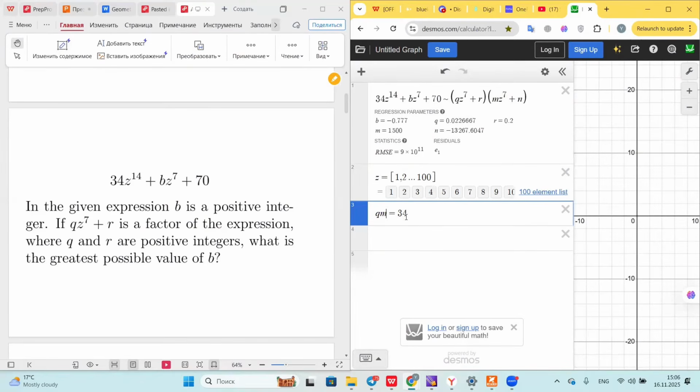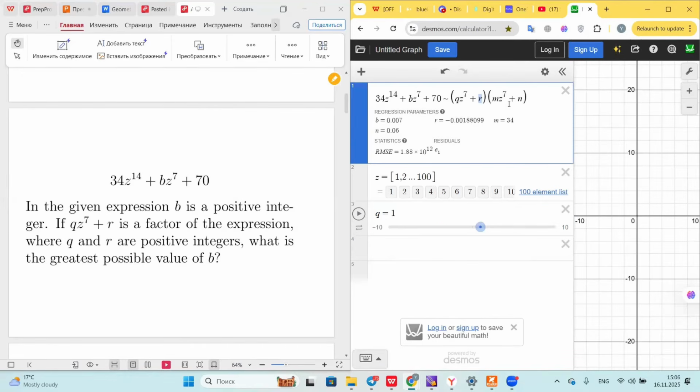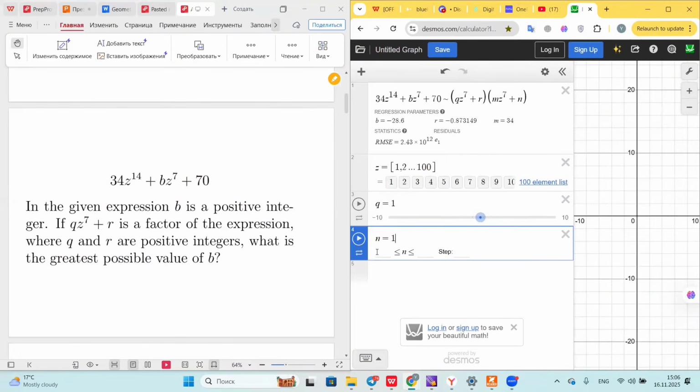Guys, look, q is an integer, so q is a factor of 34. What can q be? In this case, just 1. And r times n is also 70 while opening, and n is a positive integer, so n also can be 1. You can see it gives you some results, but it turns out it's incorrect.